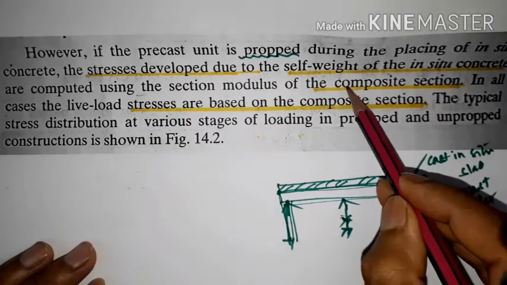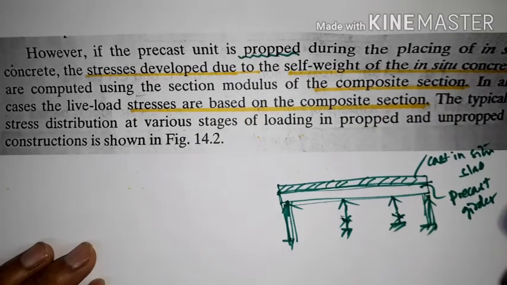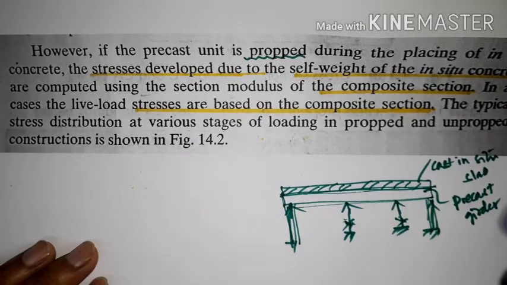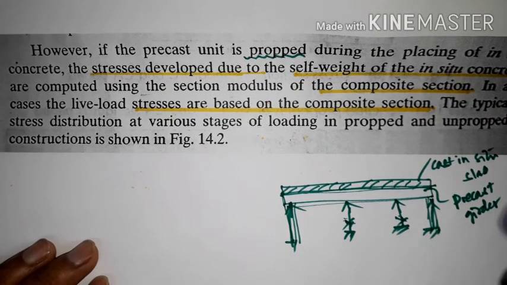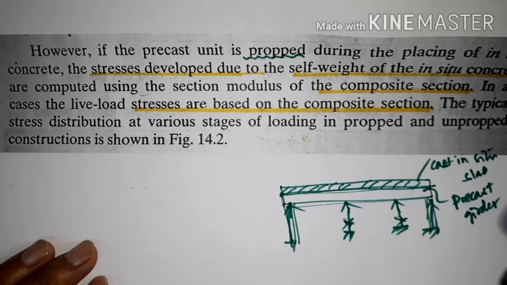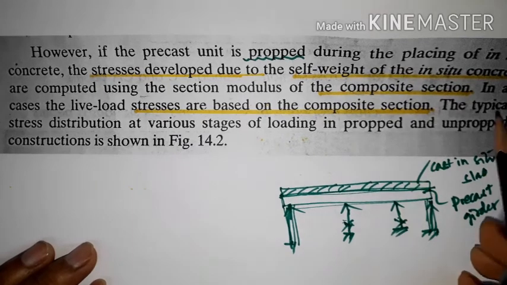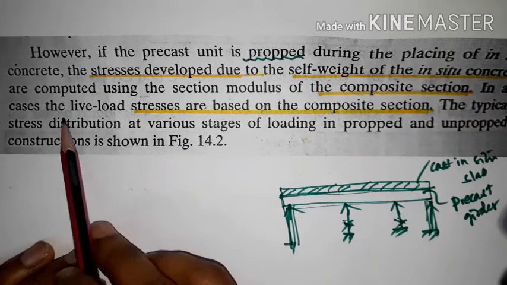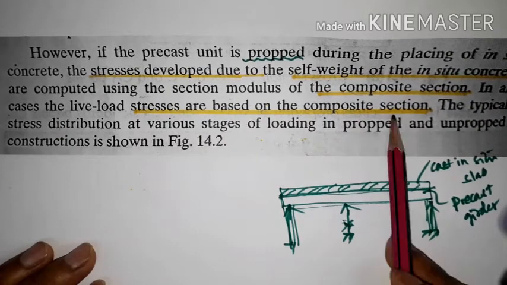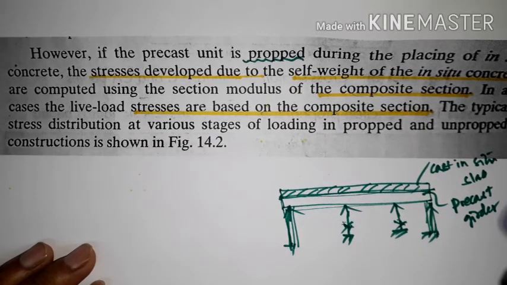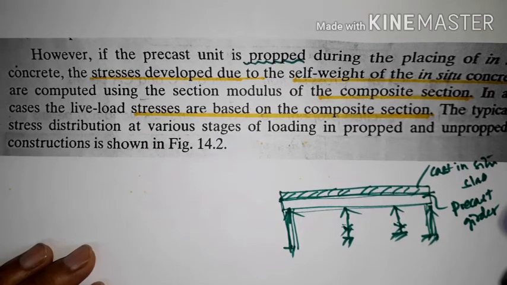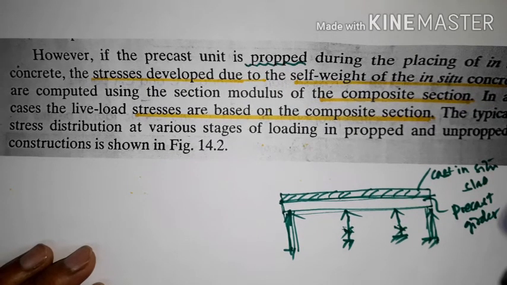So here we have to consider the stresses due to self-weight of cast in situ concrete for the complete section, the composite section. Okay. Then in all the cases the live load stress is based on the composite section only. So here we have to take dead load also for the stresses due to dead load in the composite section only.